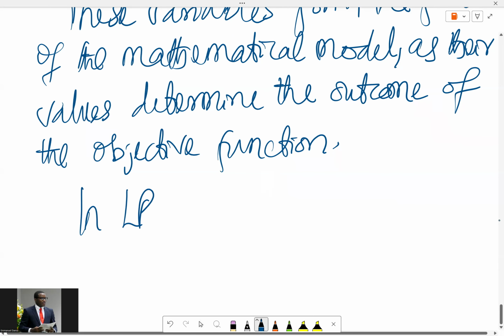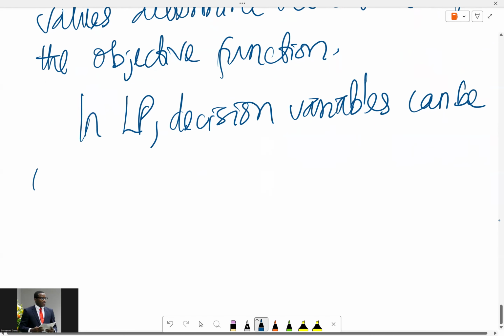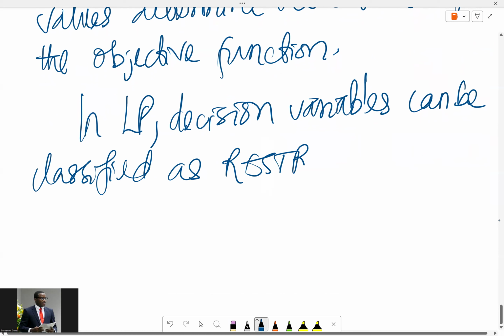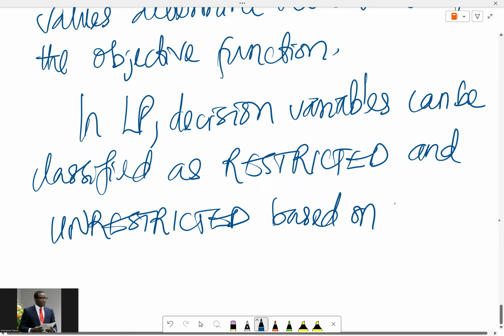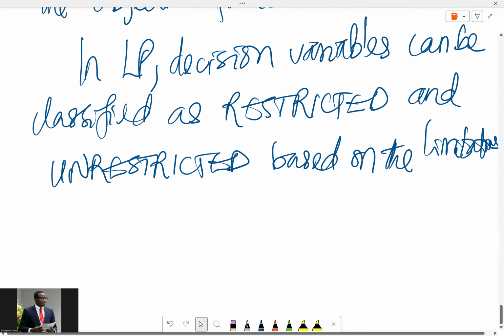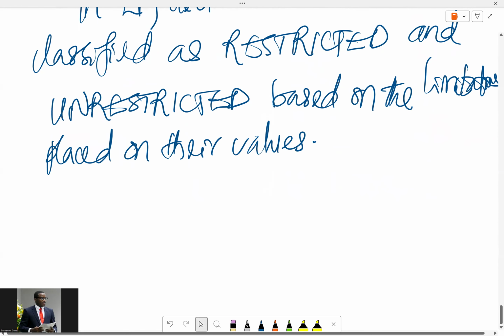In linear programming, decision variables can be classified as restricted and unrestricted, based on the limitations placed on their values. So let's talk about restricted variables.